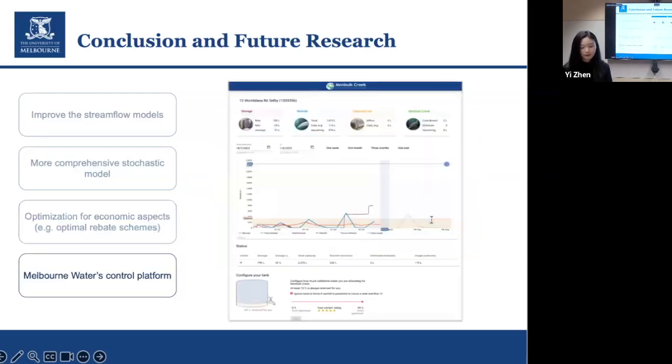And it's also worth mentioning that Melbourne Water has built a control platform with a user portal, which basically enables the tank owners to participate in the system operations. And our advanced rule-based strategy will be integrated into the systems to operate the network. And this also opens up new opportunities for further testing and improvement of our strategy.